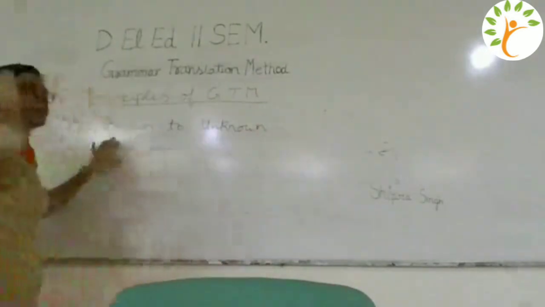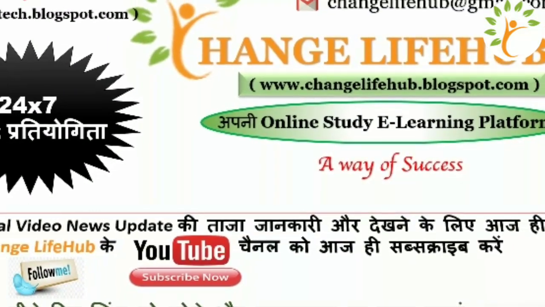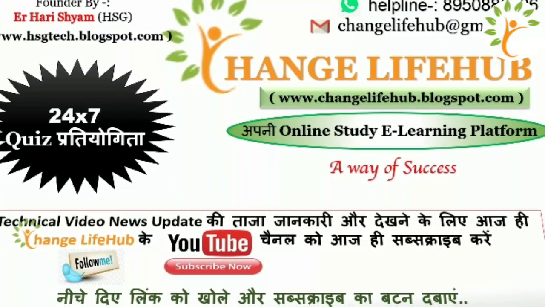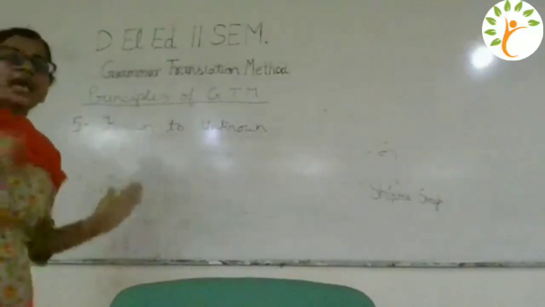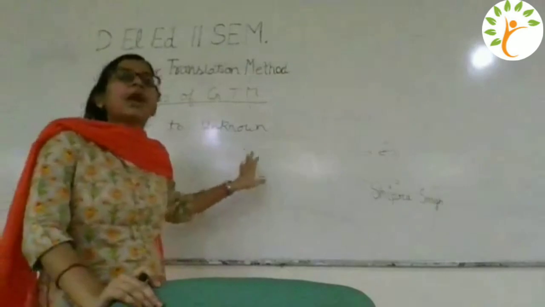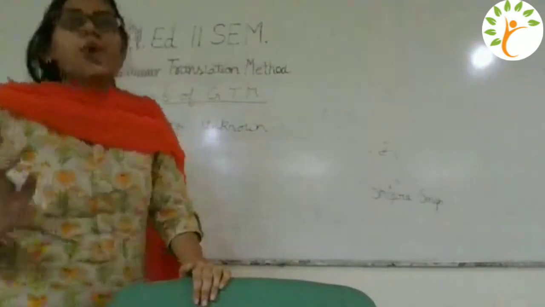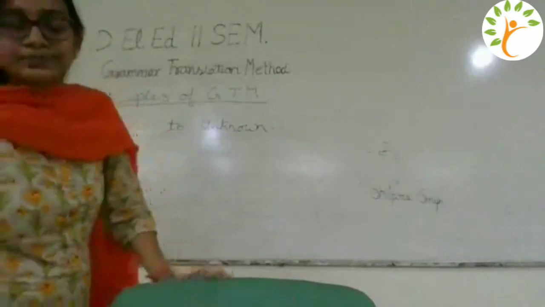The students know their mother tongue. With the help of mother tongue, they will be able to know and learn the vocabulary of the foreign language or the target language. So mother tongue is very important in grammar translation method.